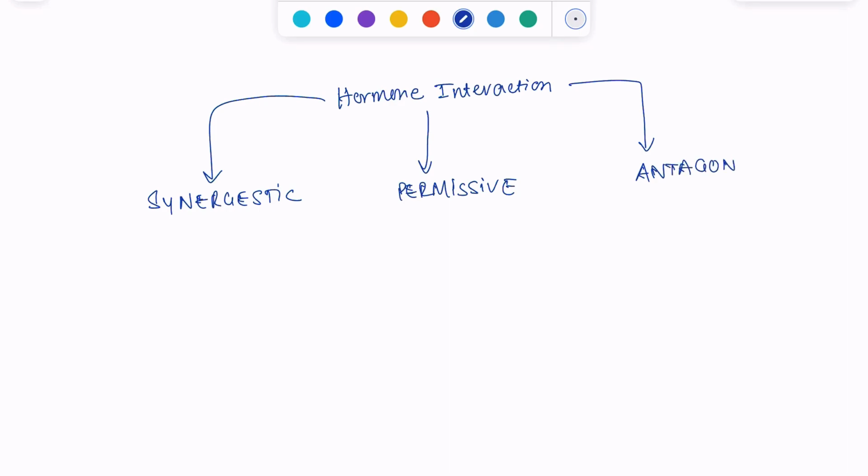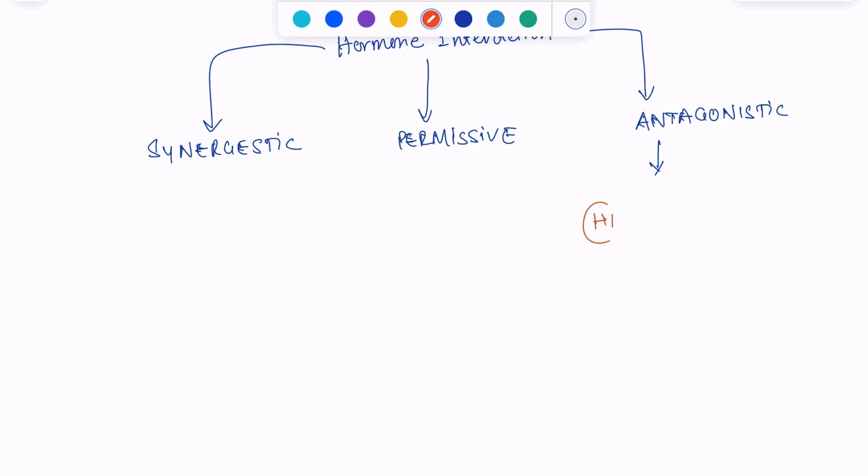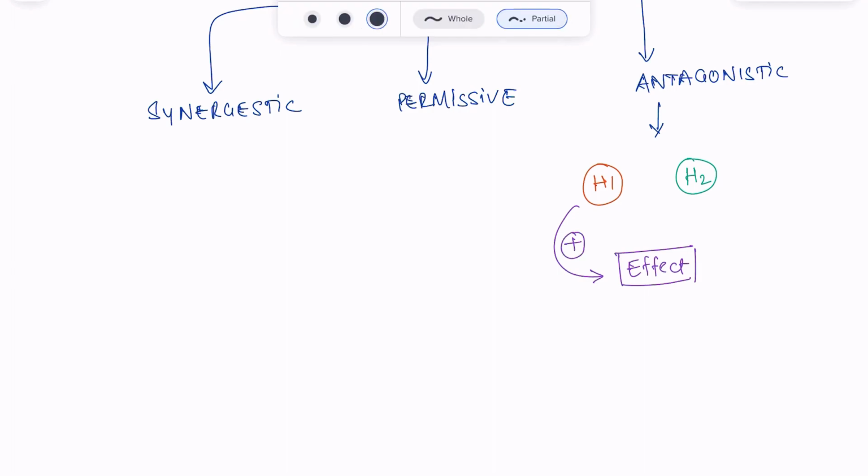We'll first discuss the antagonistic effect, because I think this is the simplest example. Antagonistic means, let's say we have hormone 1 and hormone 2, and we are looking at an effect, let's just say blood glucose level, for simplicity.